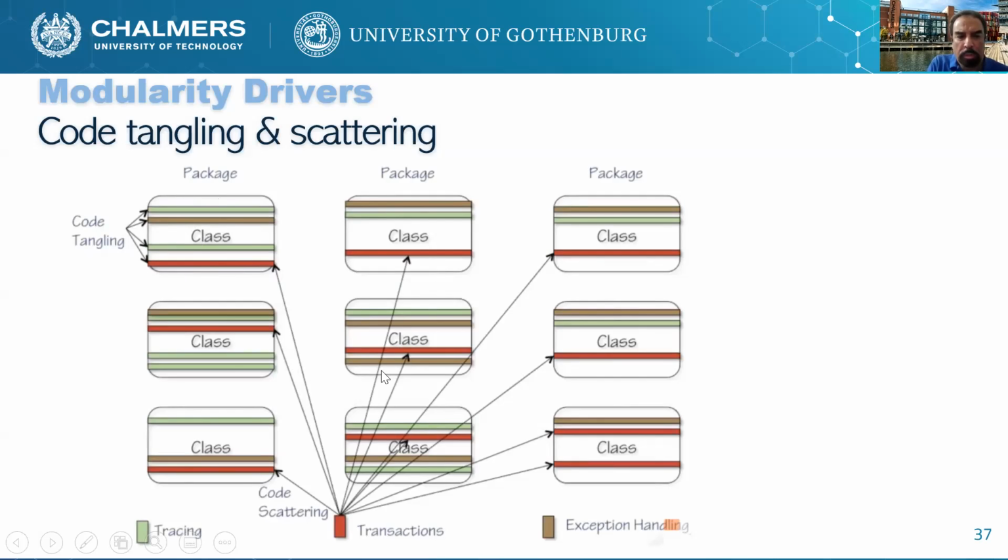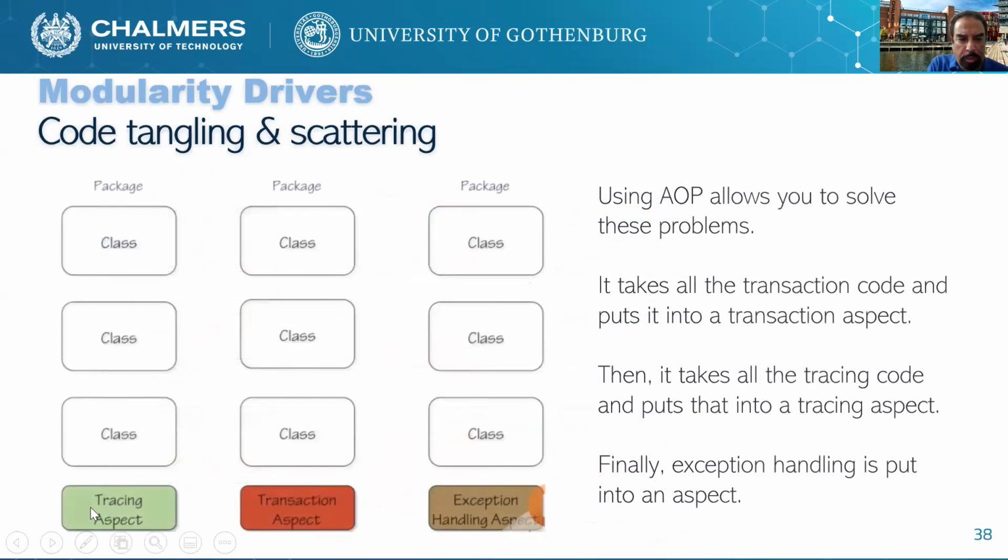The way to implement it is to create an aspect. For example, we call this the tracing aspect, and take all tangled code that relates to tracing and implement it in this aspect. The same way, you create an aspect for transactions and take all the code from all the modules that relates to transactions, and you call this the transaction aspect.